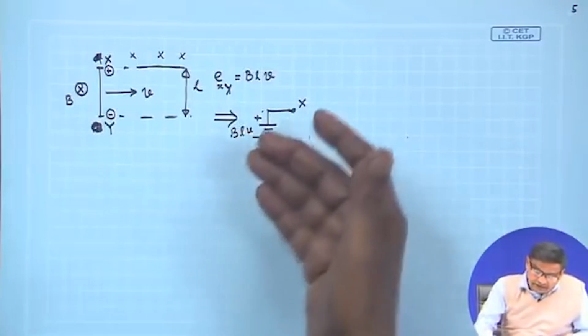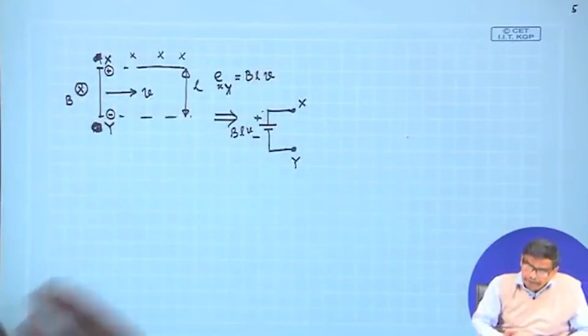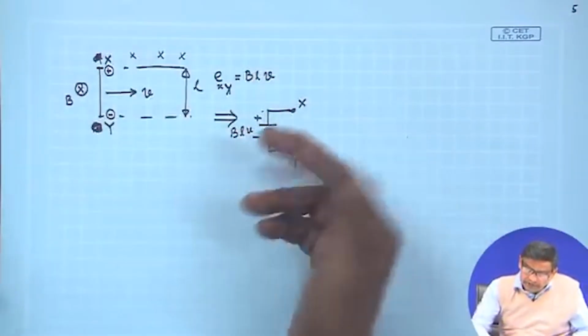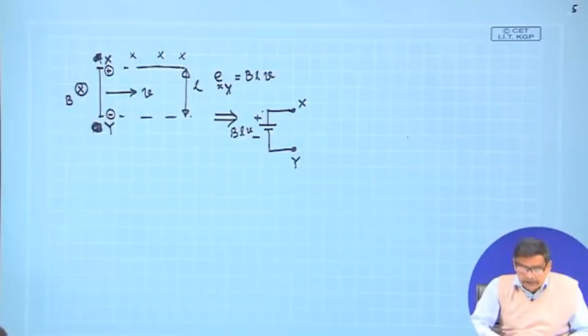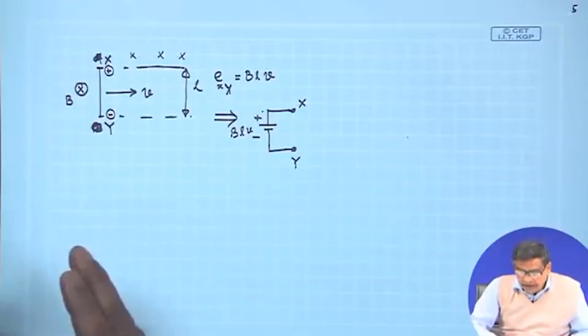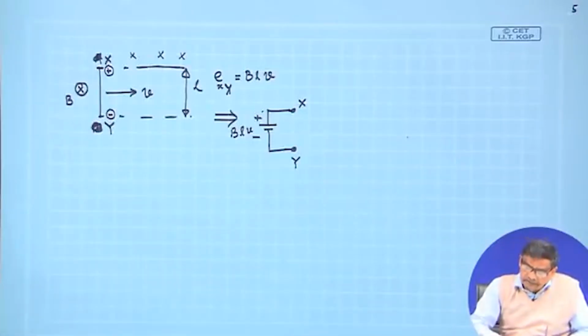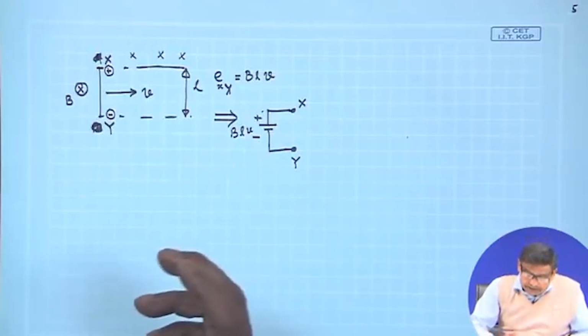Similarly, if you reverse the velocity, the polarity of the induced voltage will reverse. So this is called the EMF equation, which will often be used in any machine analysis problem, even a complicated machine.